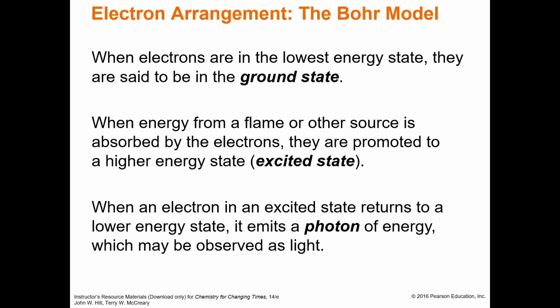If it is the visible form of light, if it's the correct energy for your eyes to see, then it's going to be observed as light. If it is not a visible form of light, you of course won't be able to directly observe it, but it can be detected. And so it may be, if it's very low energy, something like infrared. If it's very high energy, it might be UV or X-ray.